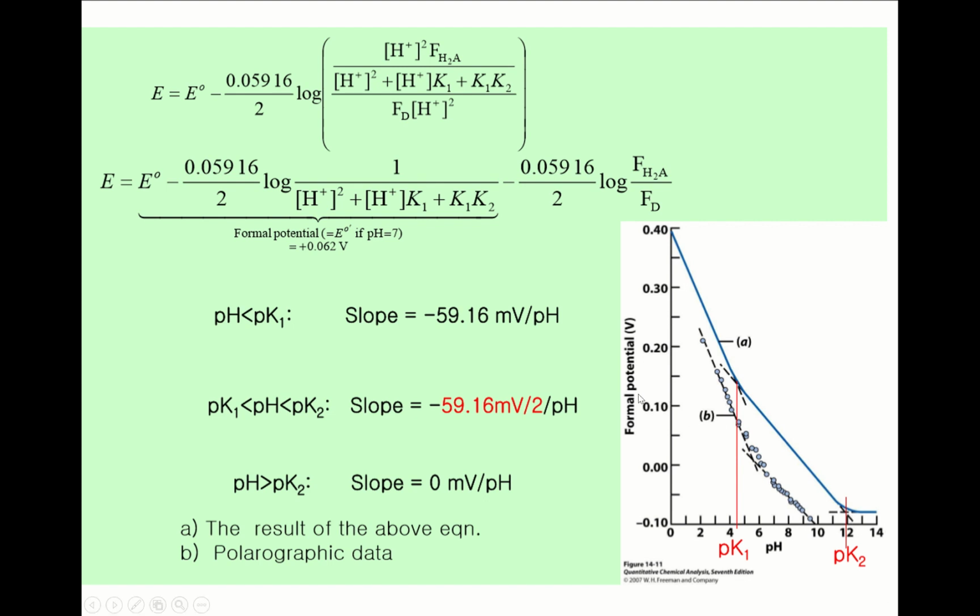So when the pH is less than pK1, in this region, the slope is what, 59.16 millivolt per pH. Okay, and in this region between pK1 and pK2, the slope is just half of the first one.